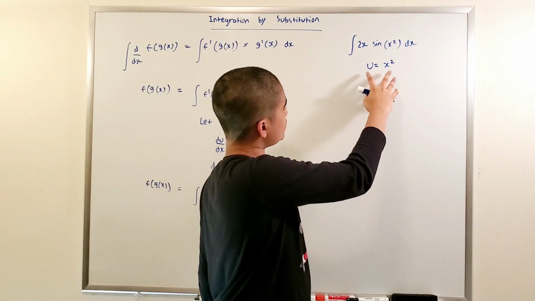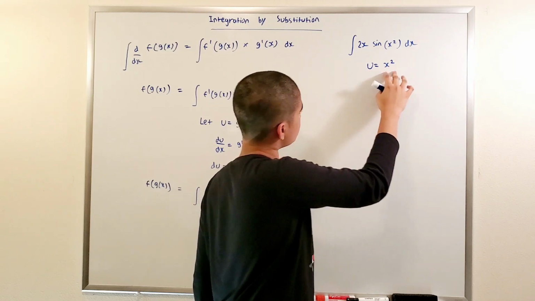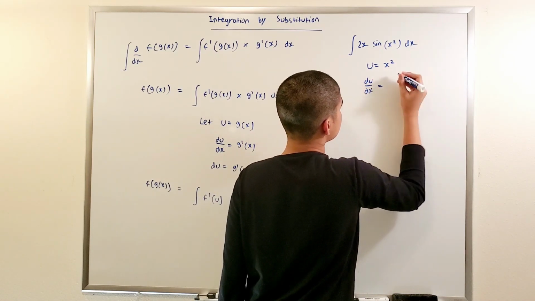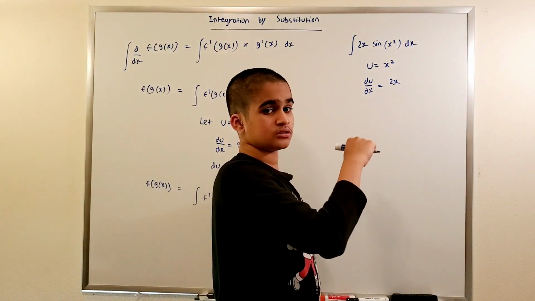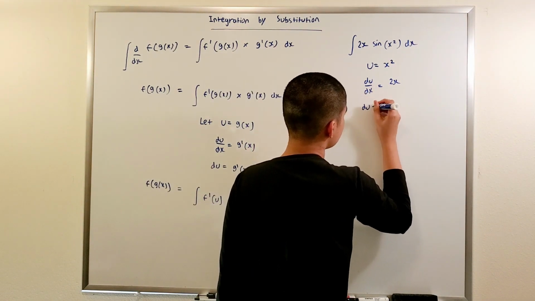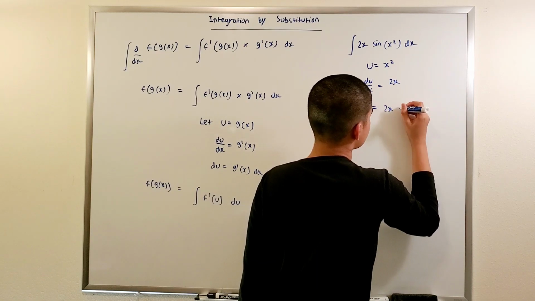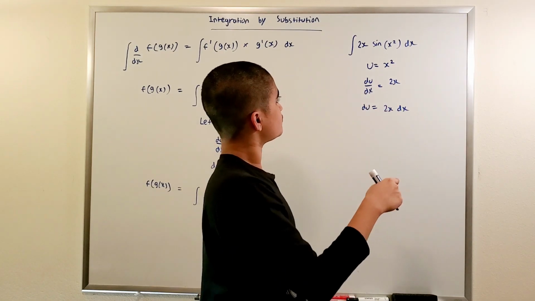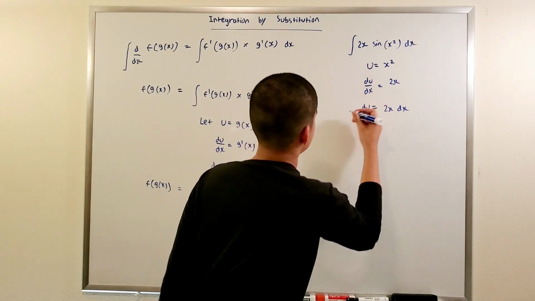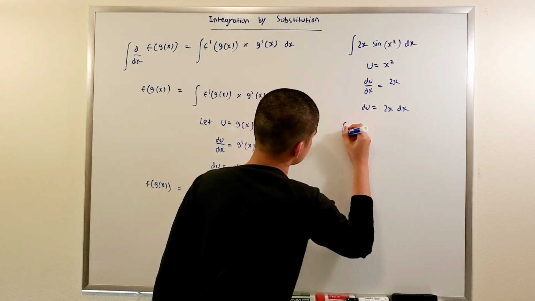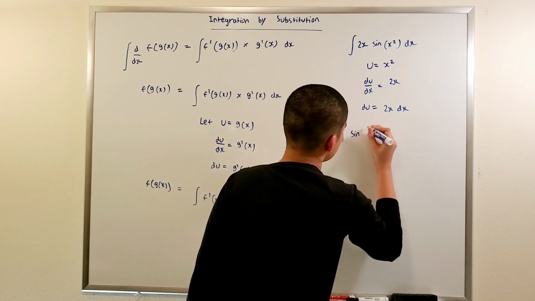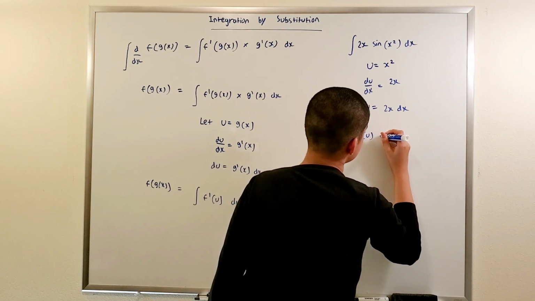Now, we can differentiate this on both the sides to get du by dx is equal to 2x. Multiplying by dx on both the sides, we get du is equal to 2x dx. We can substitute that in the original integral to get that it equals the integral of sine of u times du.